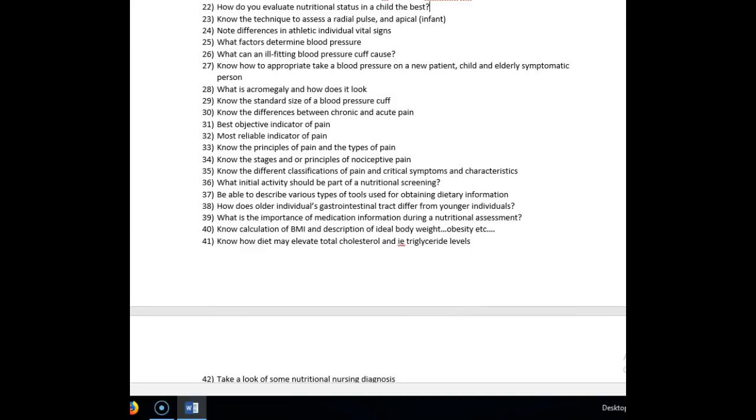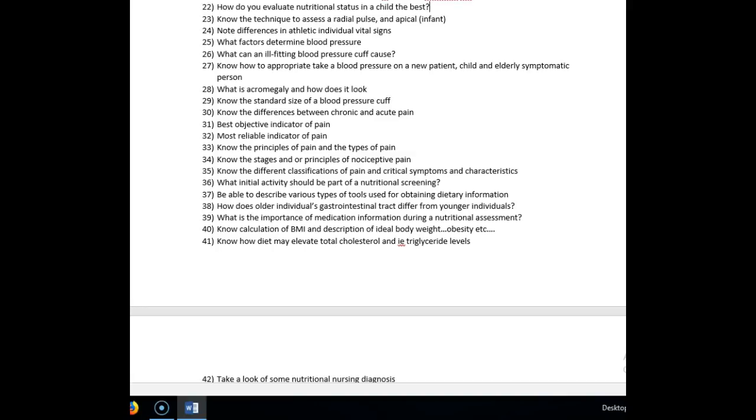So know the difference between chronic and acute pain. We've already discussed chronic and acute pain, about the time variance. The best objective indicator of pain. I think I kind of just went over that.